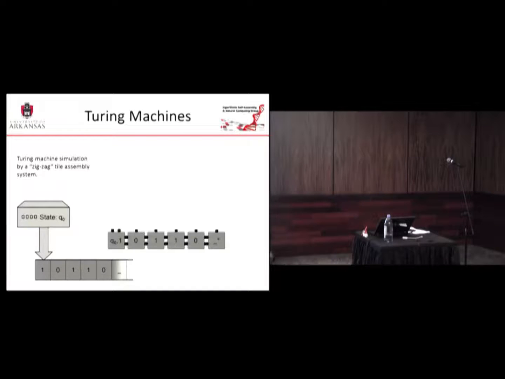Well, we could have tiles that encode the initial input segment, and we could set up the glues so they have an encoding of the values of each tape cell, and then for the unique tape cell that has the tape head at it, in the glue we could also encode information about what state we're in. So now, if we look at it, we can see exactly where the tape head is, what the state is, and what the input of the tape is.